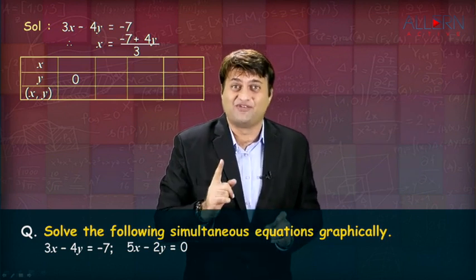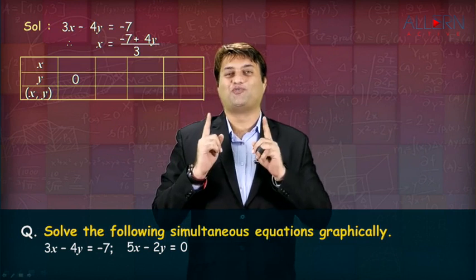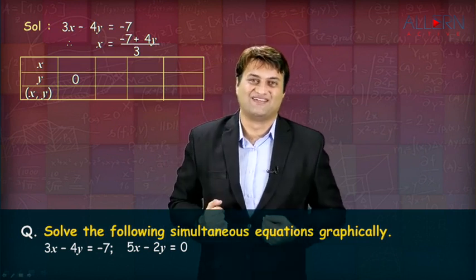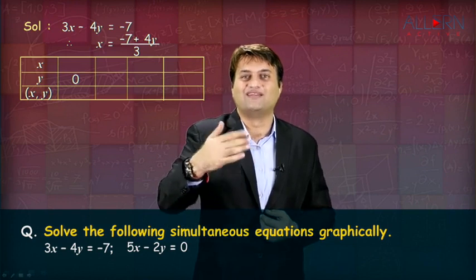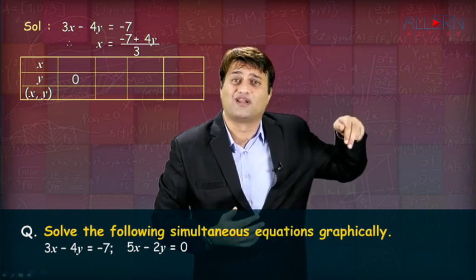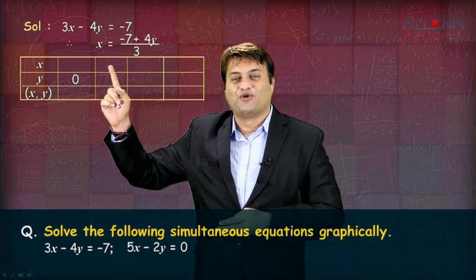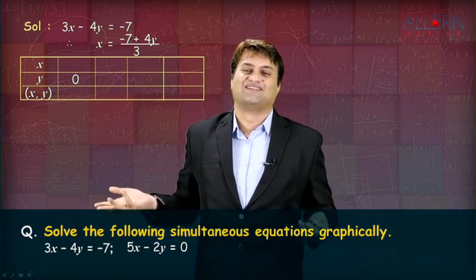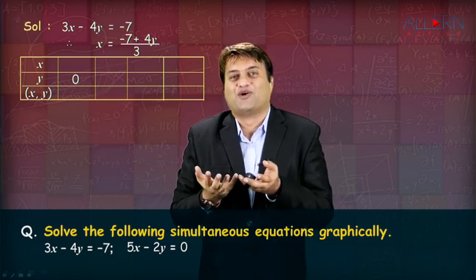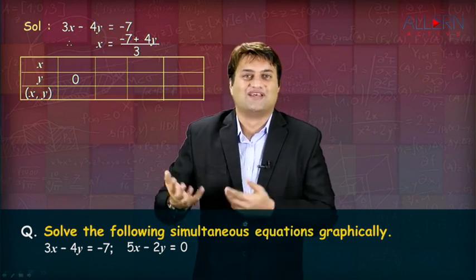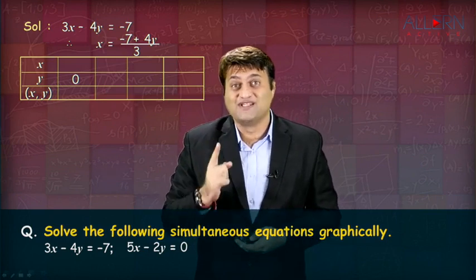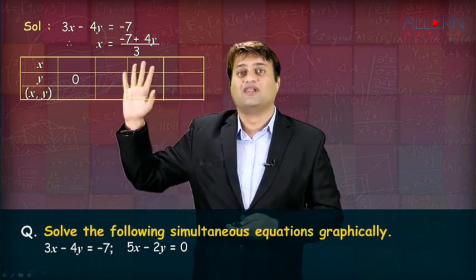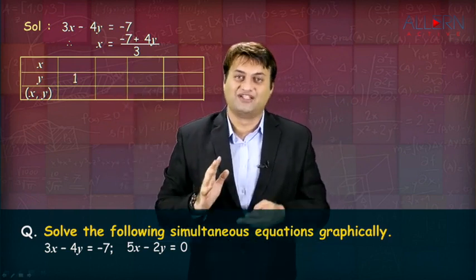Now minus 7 upon 3 you cannot plot on the graph paper, because it is 2.333333. It cannot be plotted on the graph paper. So we cannot assume y as 0, because x cannot be plotted. So now because 0 is not a valid assumption, let us take y as 1 and check the calculations.